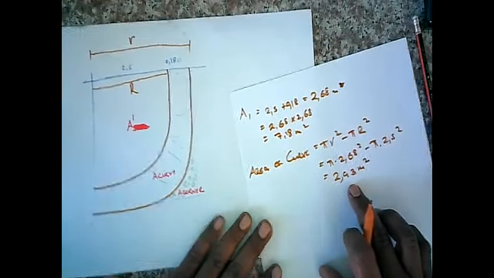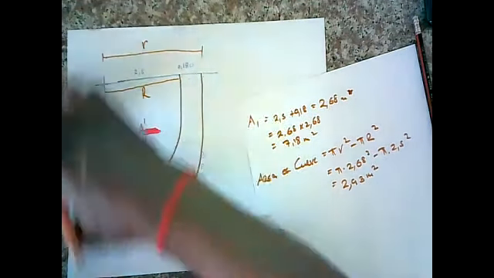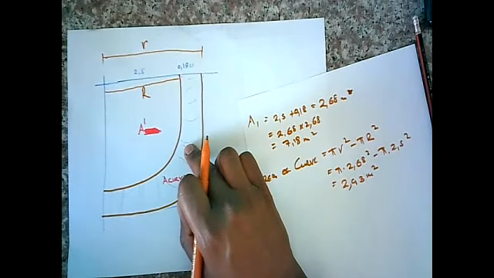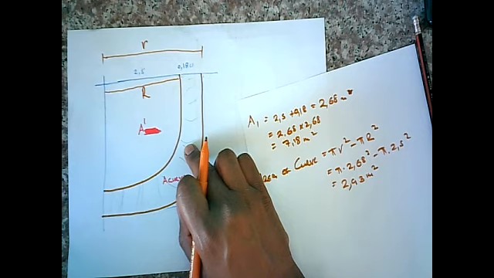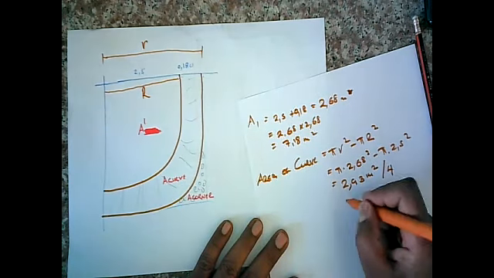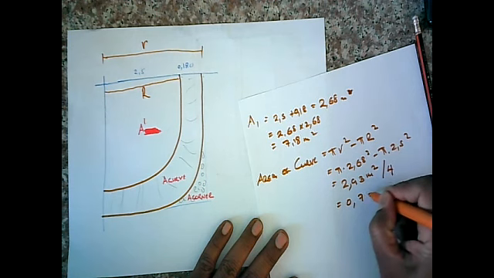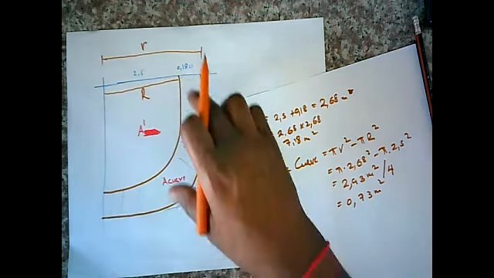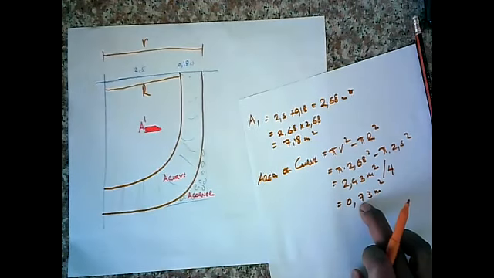We found for the full circle, but this is just a quarter of that circle, isn't it? So that is divided now by how much? 4. All right, so the area of this curve only is that.